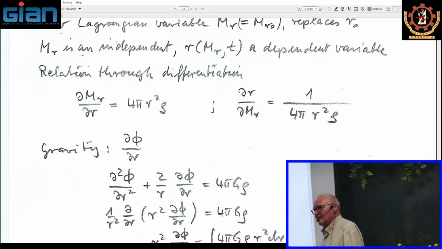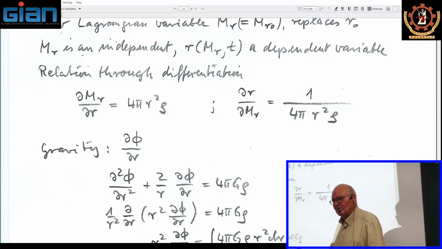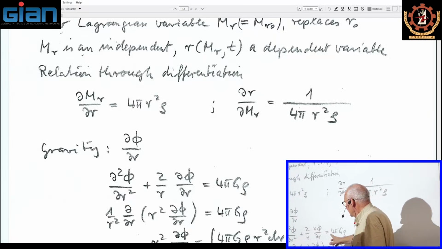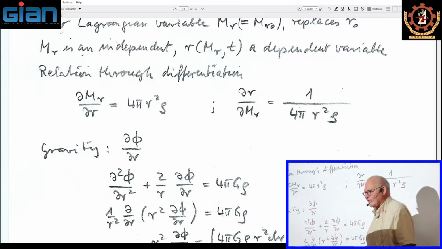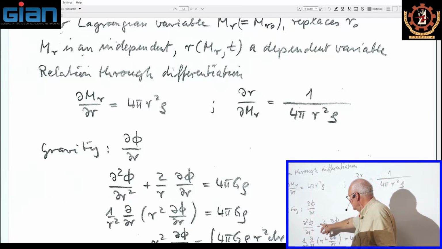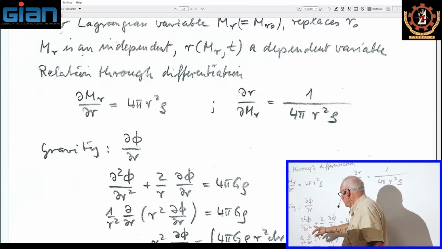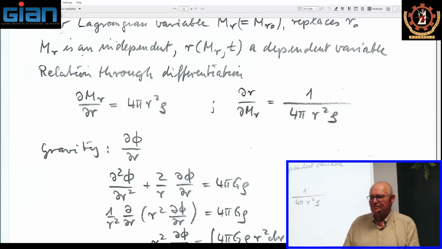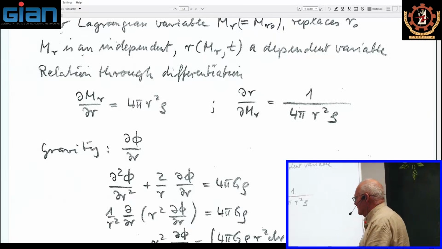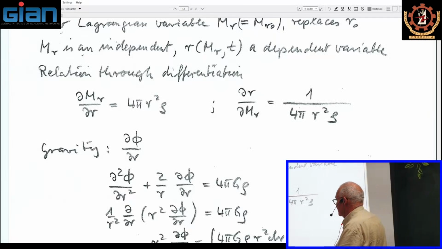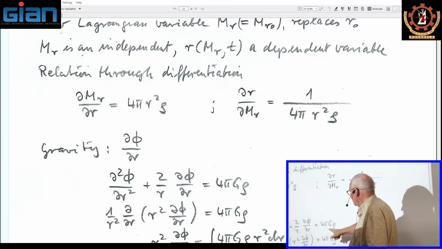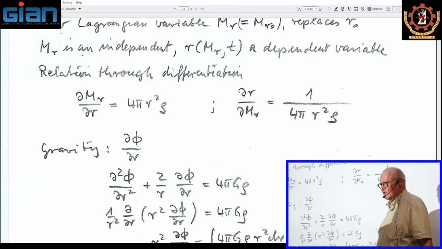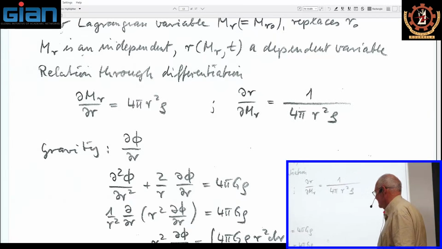We drop the theta and phi terms because we assume spherical symmetry. So the radial part of the Laplacian operator is d2 phi by dr squared plus 2 over r d phi by dr. All these derivatives with respect to theta and phi are 0 because we assume spherical symmetry. And according to Poisson's equation, this is 4 pi G times the density.